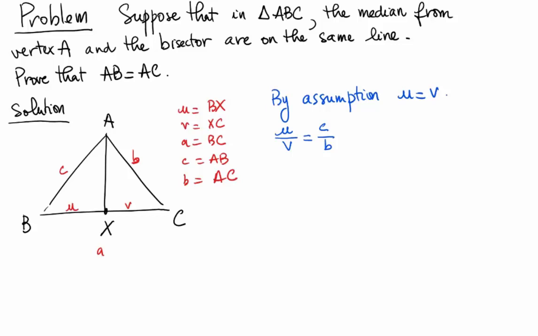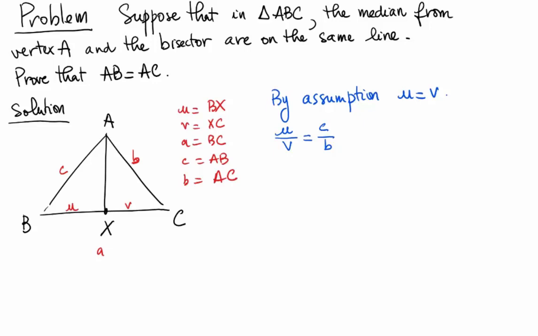The point X here is dividing side BC into lengths which are proportional to the nearer sides, u and v respectively. So u over v is going to be equal to c over b.